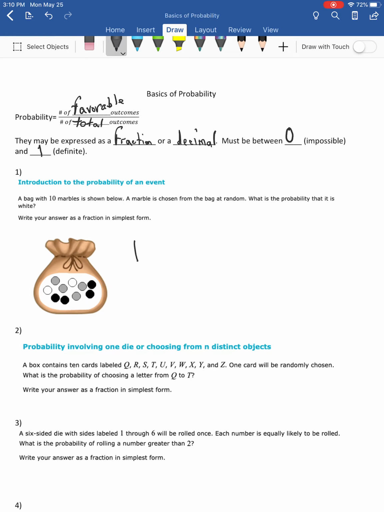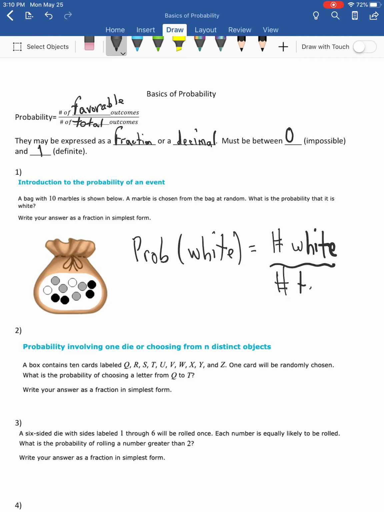So the probability of white is going to be equal to the number of white, because favorable outcomes is going to be white here, because it's the way that the question defines it, because it's asking about the probability of white, over the number of the total. Okay, so if you look at the bag, we have 2 white marbles out of 10.